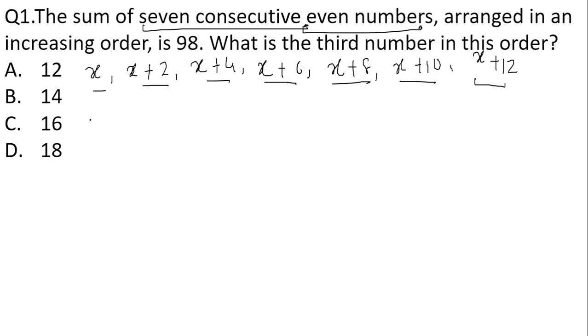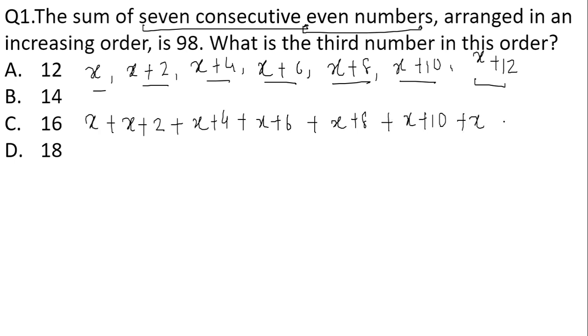In the given question, they have given a summation of all these, that is x plus x plus 2 plus x plus 4 plus x plus 6 plus x plus 8 plus x plus 10 and then x plus 12. They have given the summation of the 7 consecutive even numbers is equal to 98.